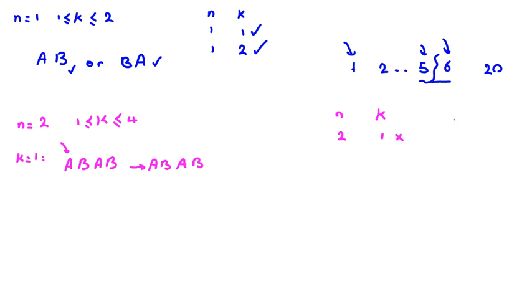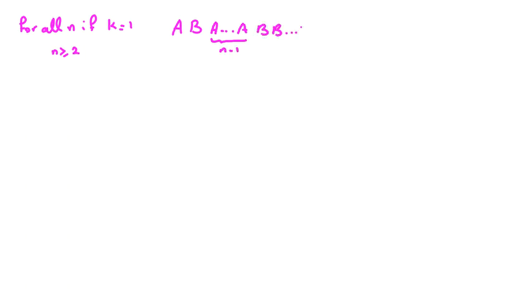For all N at least 2, if K is 1, you can consider this part A, B, and then N minus 1 A's, N minus 1 B's. So if you always consider the first one, the longest chain containing that will be itself, and it won't change. So we proved it.